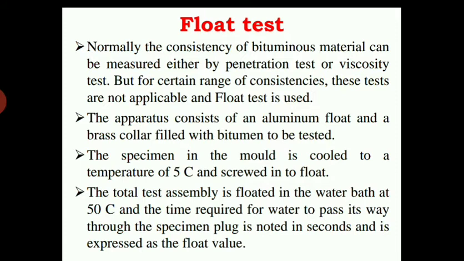Next, the total test assembly is floated in a water bath at 50 degrees Celsius, and the time required for water to pass its way through the specimen plug is noted in seconds, which is expressed as the float value.